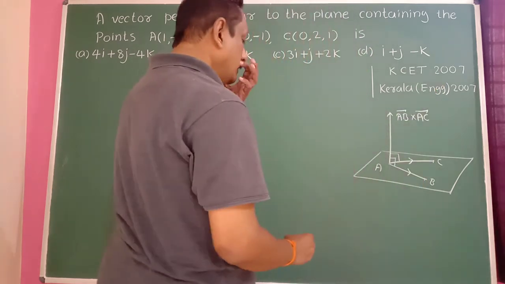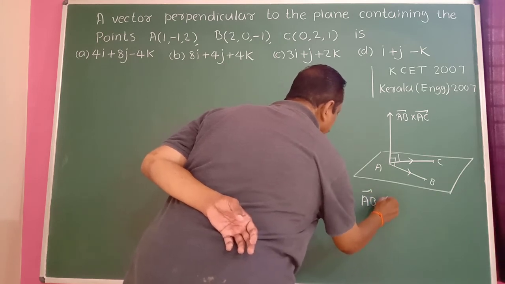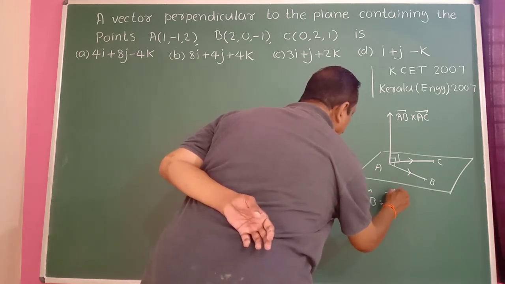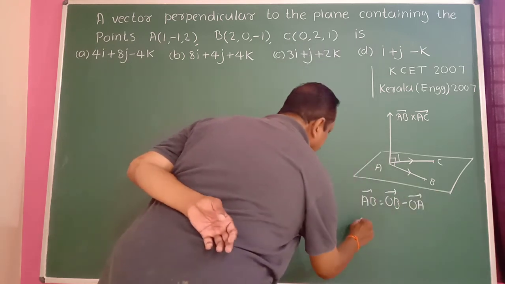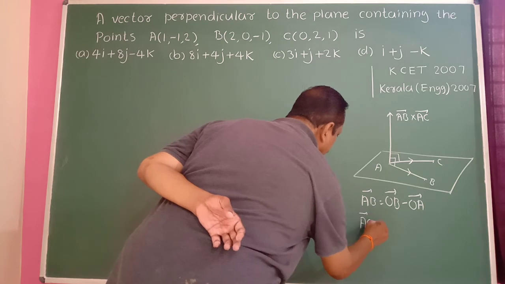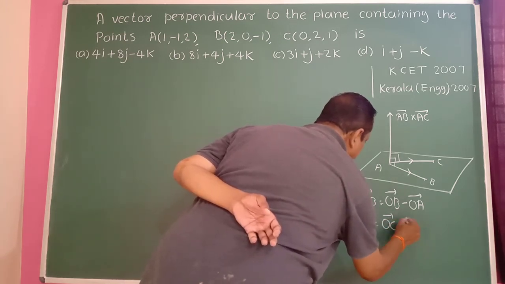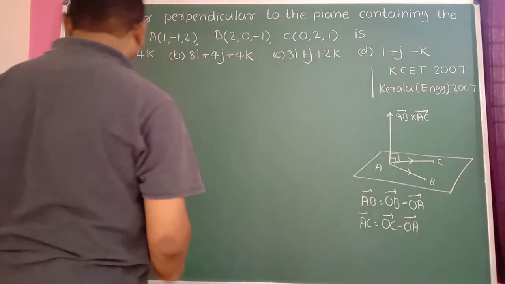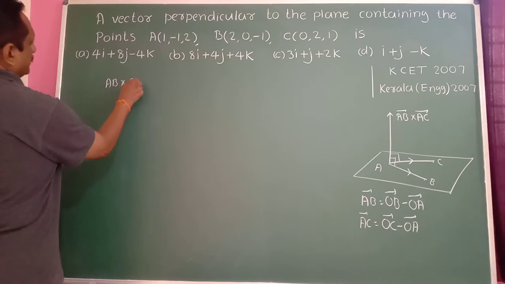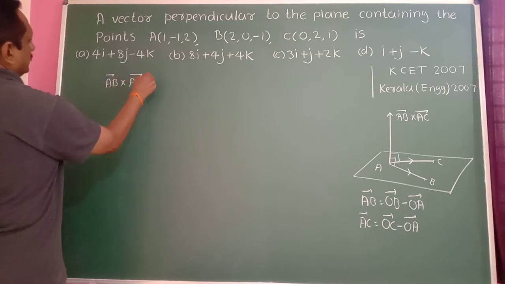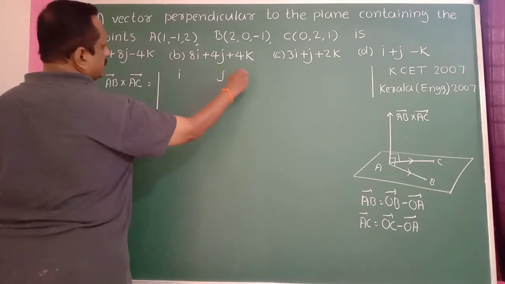And you know that the vector AB is equal to OB minus OA, and vector AC is equal to OC minus OA. Therefore AB cross AC is equal to the determinant of i, j and k.